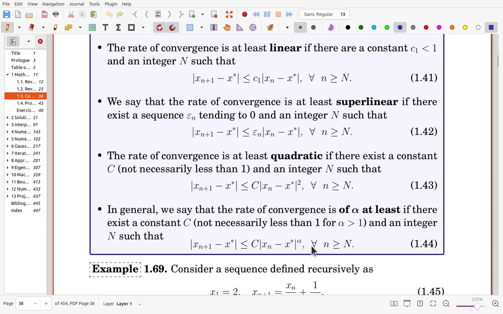Now, once alpha is 1, then this C must be less than 1. If it is larger than 1 along with alpha being 1, there is no guarantee of convergence, so the definition is not meaningful, right?